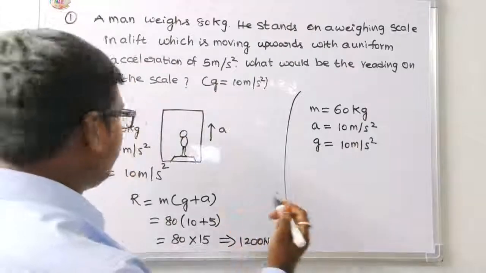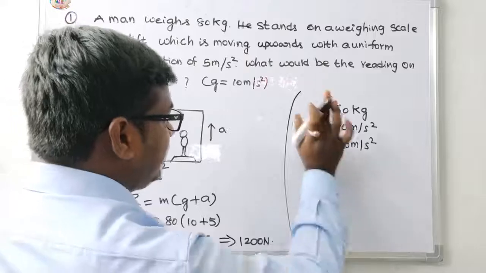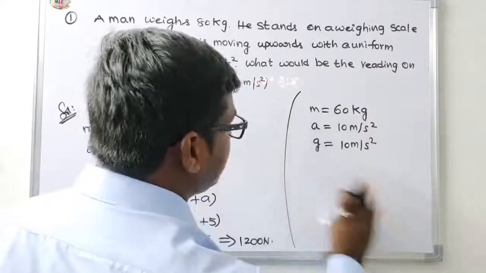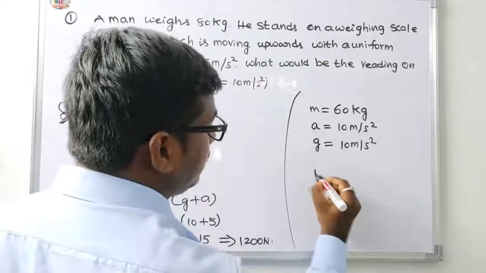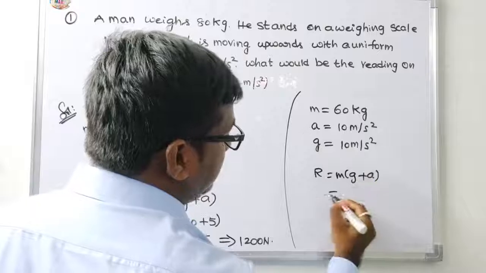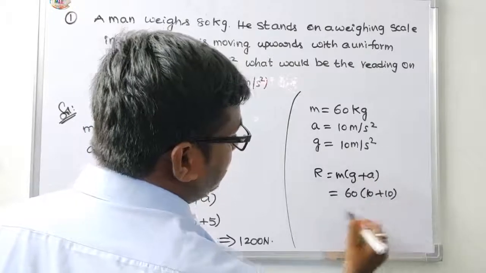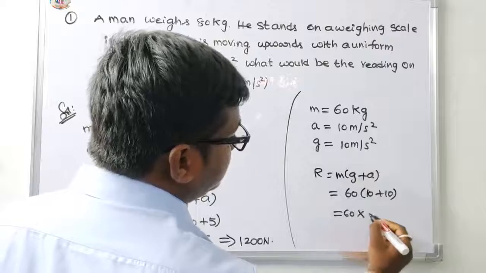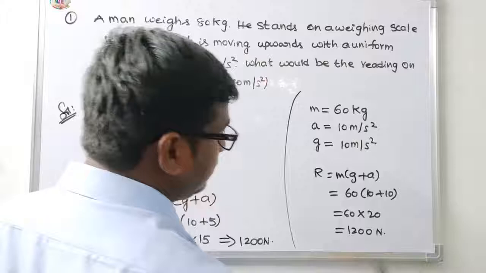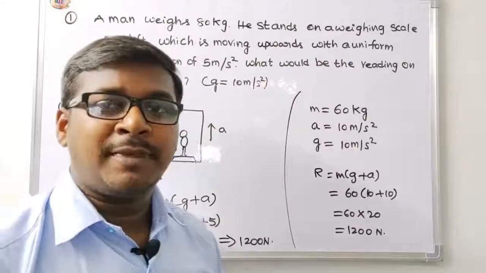The same problem and the same formula: R is equal to m into g plus a. Here m is 60 into 10 plus 10, 60 into 20, that is equal to 1200 Newton.